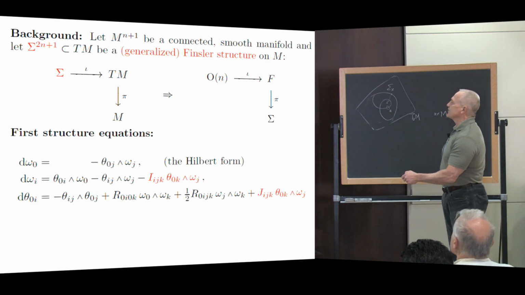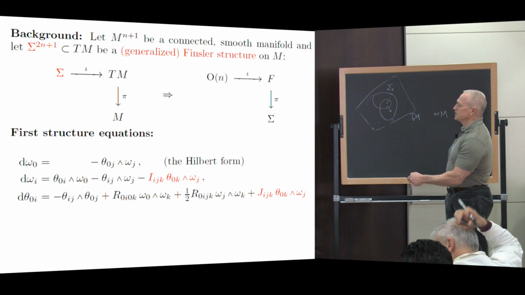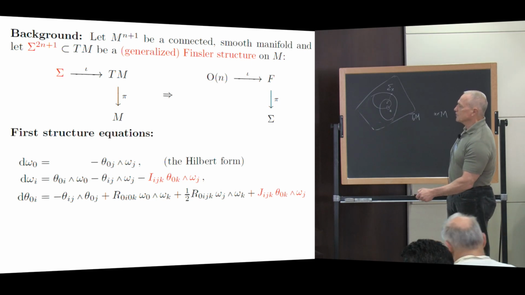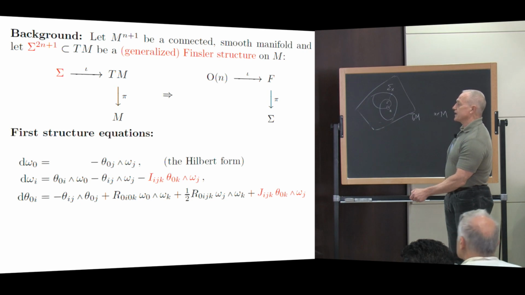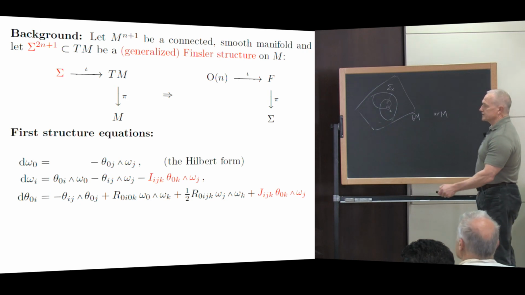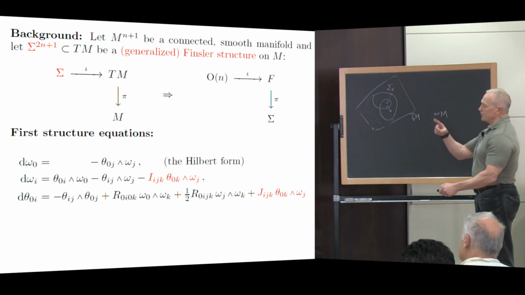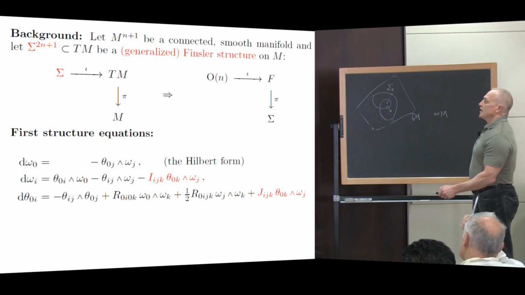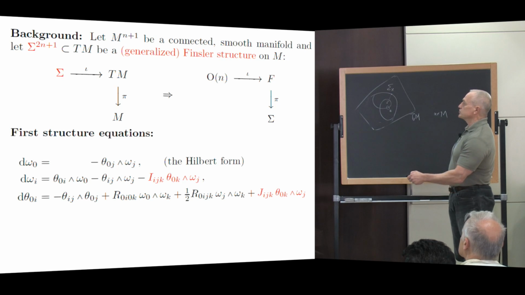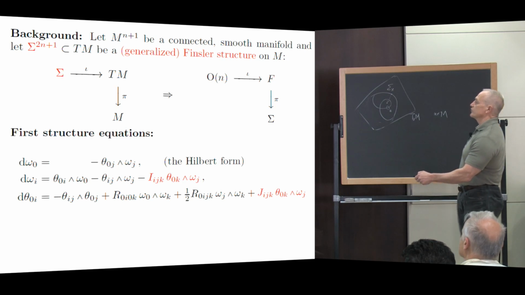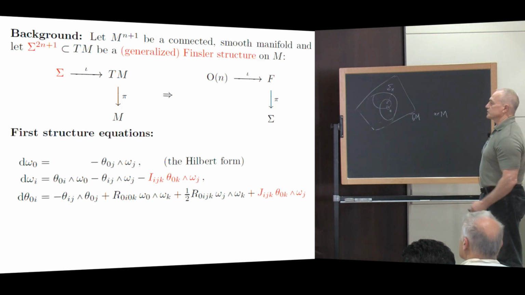Unfortunately, that shouldn't be a pi there; it should be U, not pi. So the omega naught, omega i, and the theta 0i are U semi-basic. The theta 0i measure how the unit vector moves. And then there are, in addition, the theta ij, which are skew-symmetric, which are connection forms for this O(n) structure over sigma.